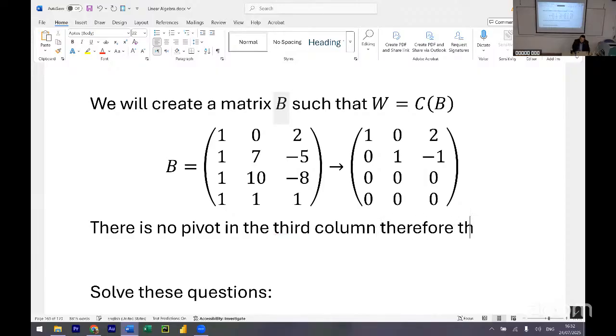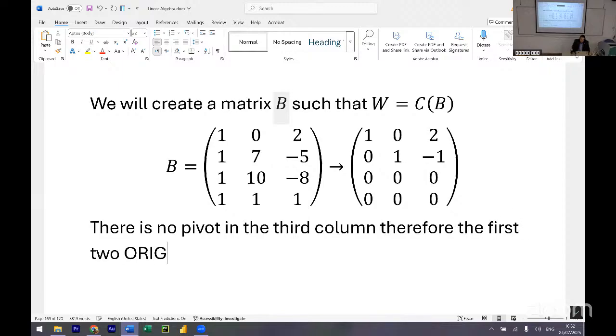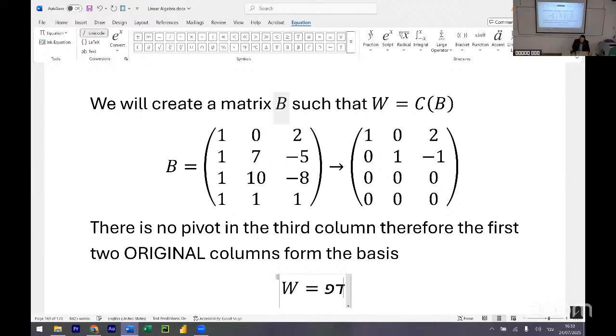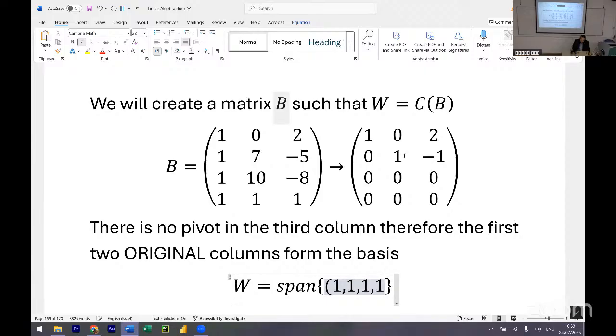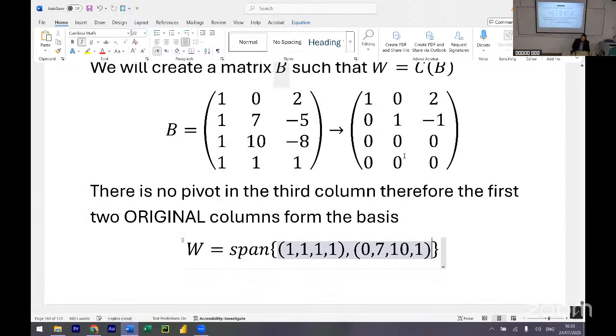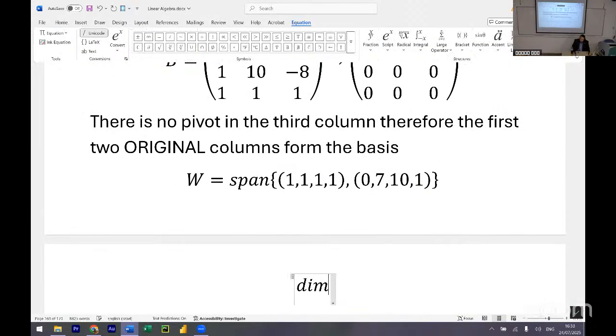Therefore, the first two original columns form the basis, meaning W is the span of 1, 1, 1 and 0, 7, 10, 1. Okay, so that's the answer to question 2, and the dimension of W is 2.